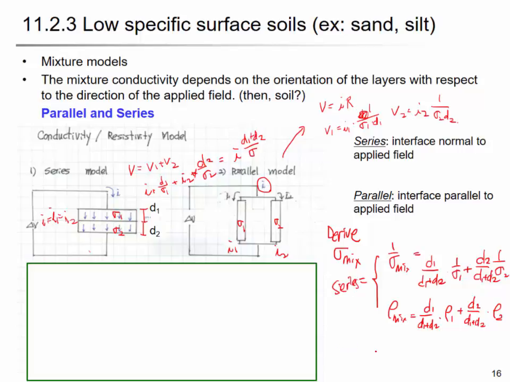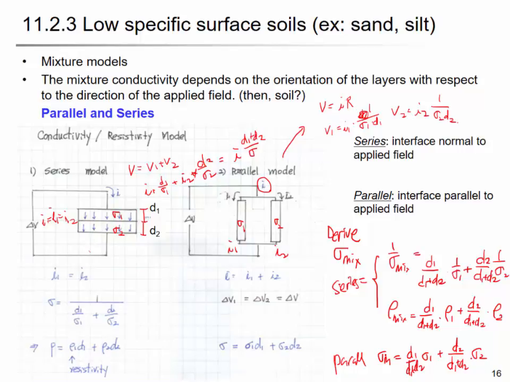And for the parallel, sigma m is just the weighted average, right? So I think it's correct.